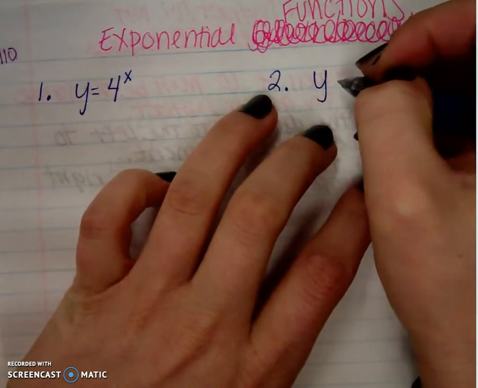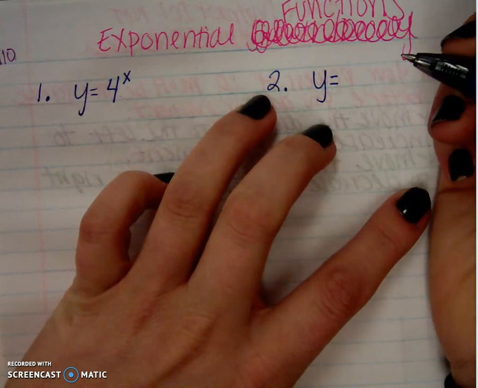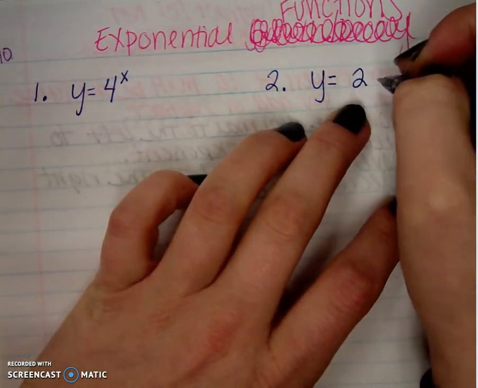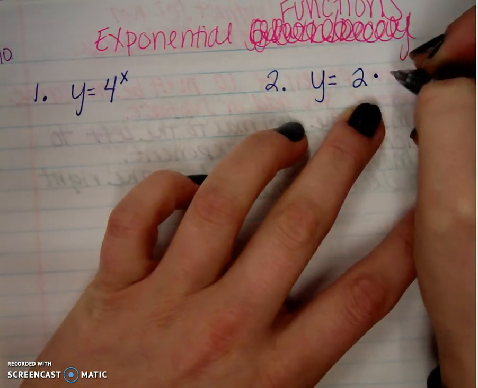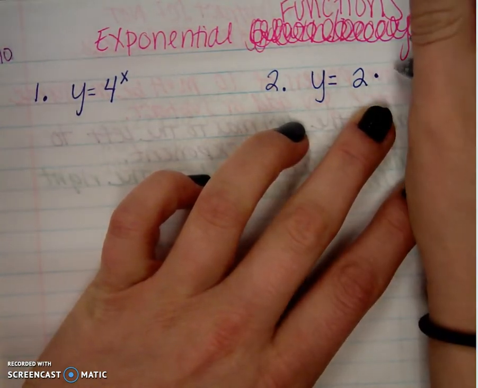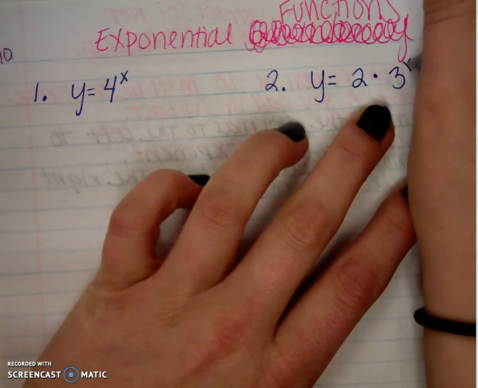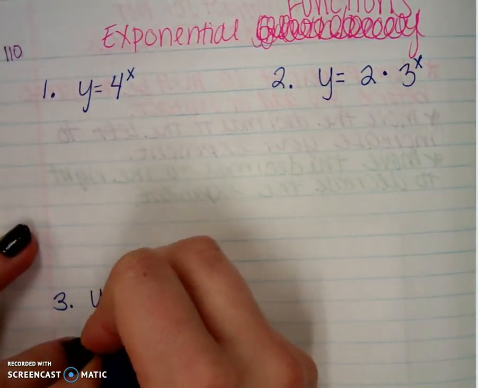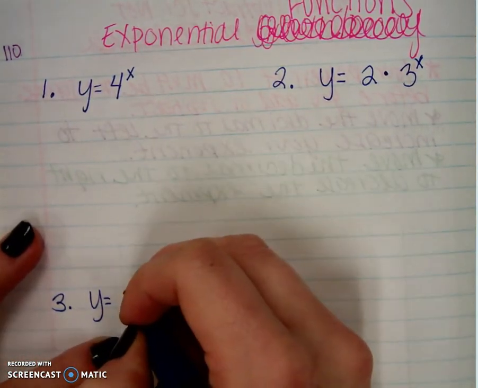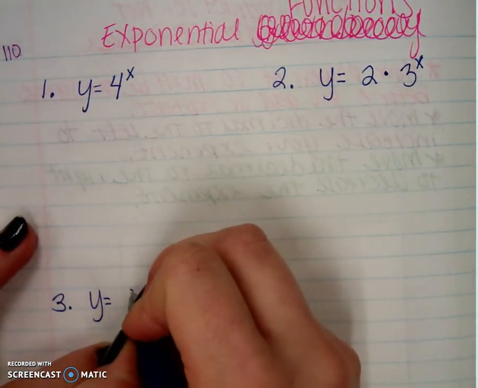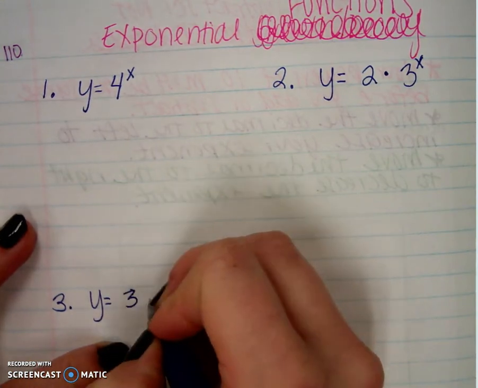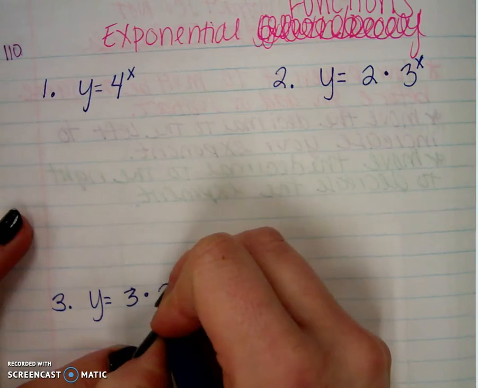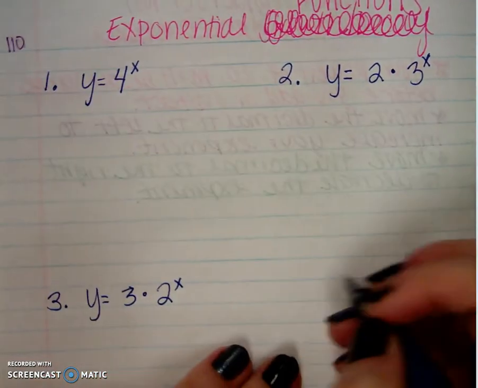Let's try y equals 2 times 3 to the x power. Y equals 3 times 2 to the x power.